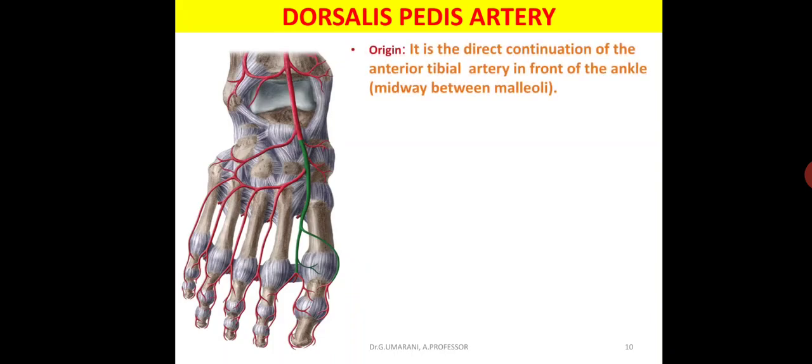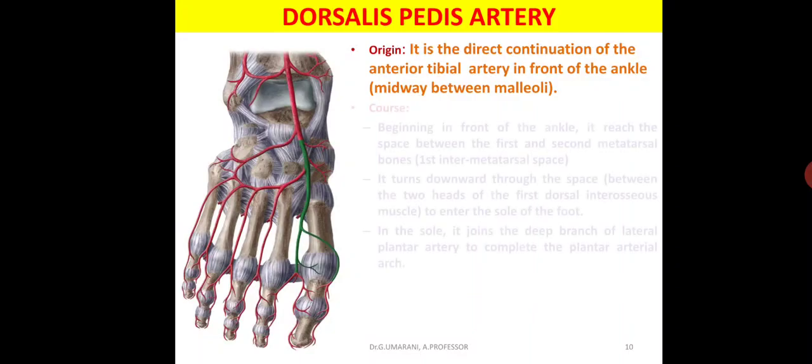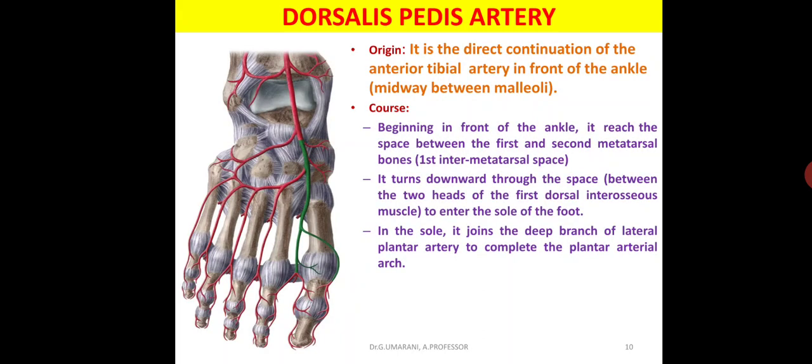It is the direct continuation of the anterior tibial artery in front of the ankle, midway between the two malleoli. It begins in front of the ankle and reaches the space between the first and second metatarsal bones, and it turns downwards and enters into the sole of the foot.